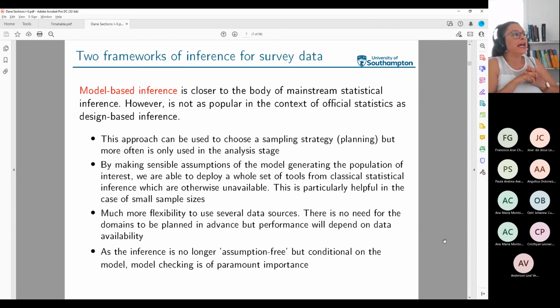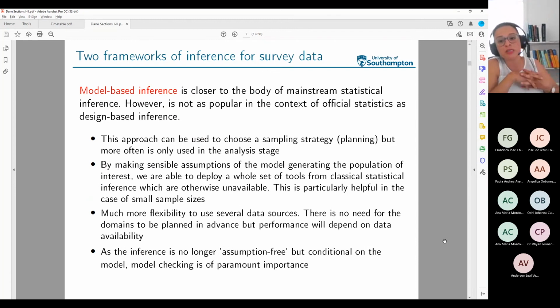Now, in the case of model-based inference, you could also use it to plan a sampling design. There are also tools for sampling design, like before when we talked about stratification and sample size allocation, and you can use model-based inference for that, but nobody does. That's very rare.